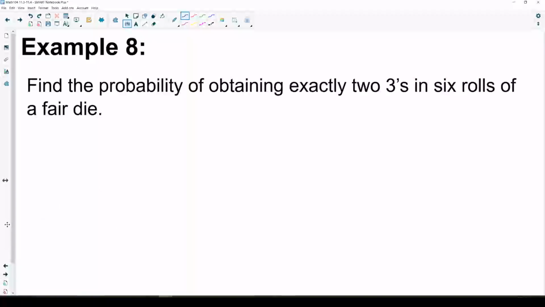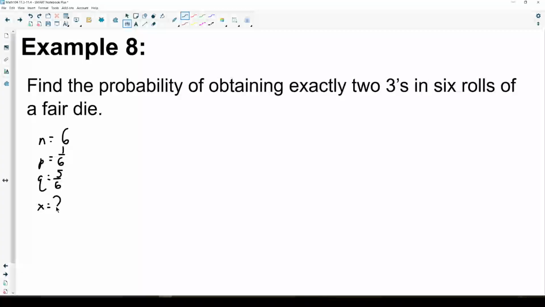Let's do another one. Find the probability of obtaining exactly 2 6s in 6 rolls of a fair die. Well, again, n, p, q, and x. I am doing 6 rolls of the die here, so n is 6. I want 3s. Well, on a 6-sided die, which is what we are to assume here, there's a 1/6 chance of getting a 3. If there's a 1/6 chance of getting success, that means there's a 5/6 chance of not getting that number.